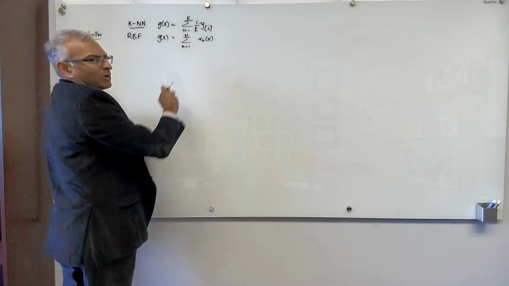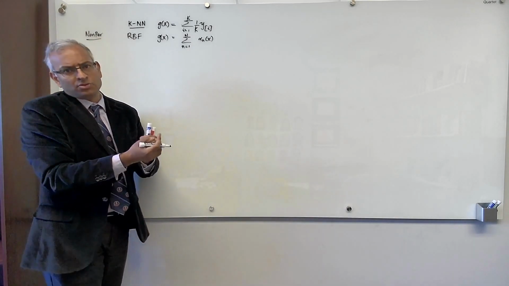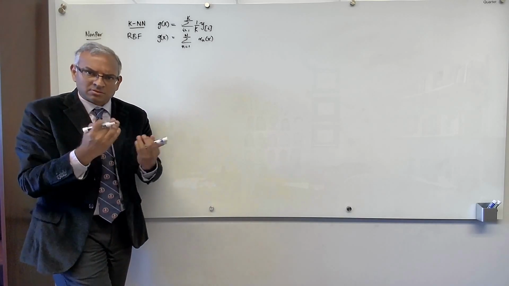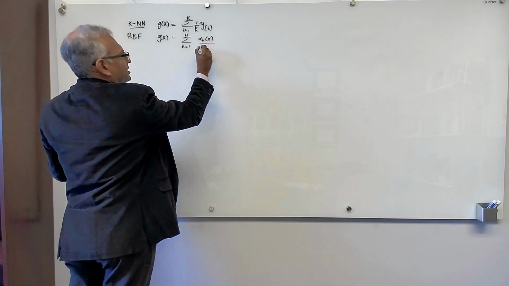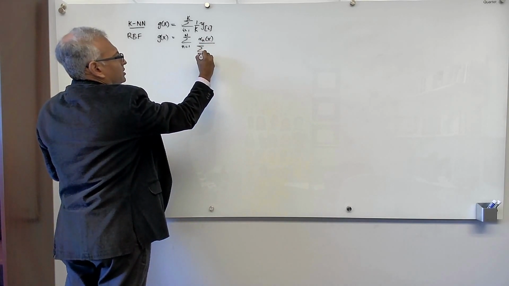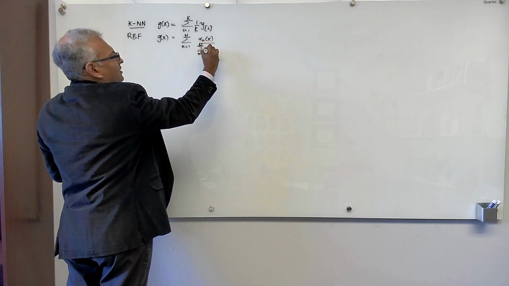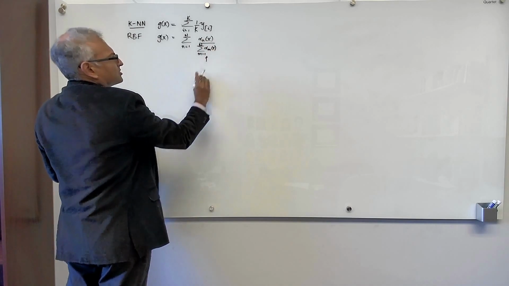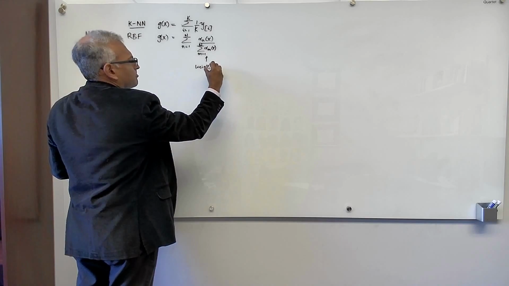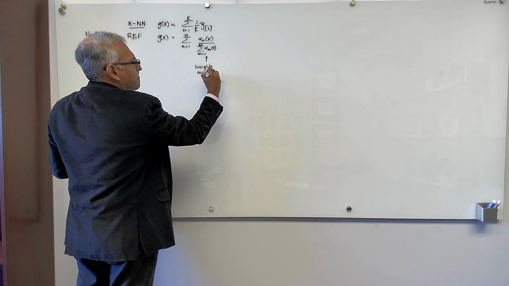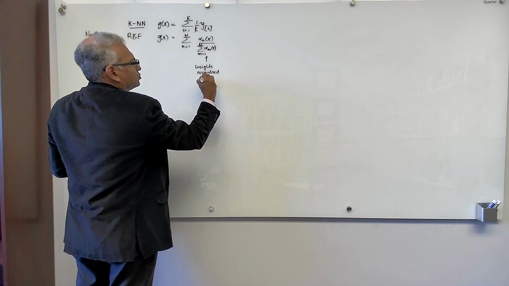Now, since these weights may not add up to 1, we should normalize them so that it becomes a standard weighted average. So we divide by the sum over m equals 1 to big N of alpha m of x. These are normalized weights, normalized to 1.